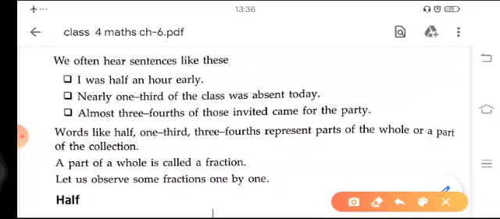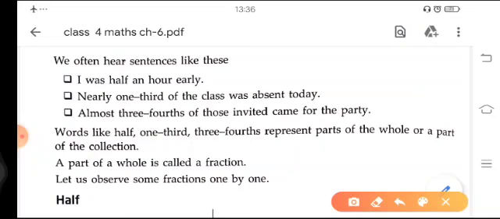Like half, one third, three fourth, they show us that such part of the work is completed, such part of the work I had done, right? So they are representing either a whole of a collection or a part of the collection.